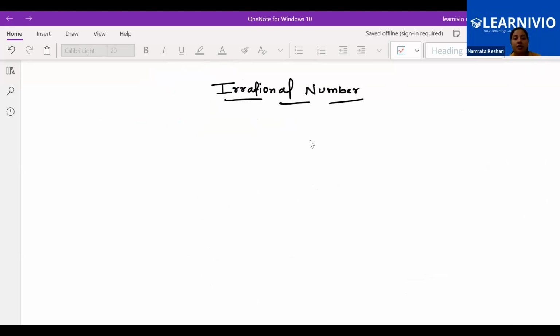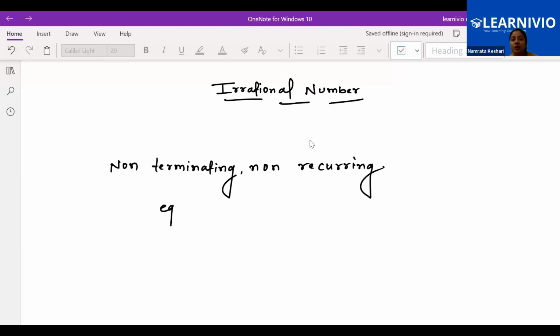The numbers which are non-terminating, non-recurring, those numbers are called irrational numbers. And examples of irrational numbers are root 2, root 3, root 5. These are irrational numbers.